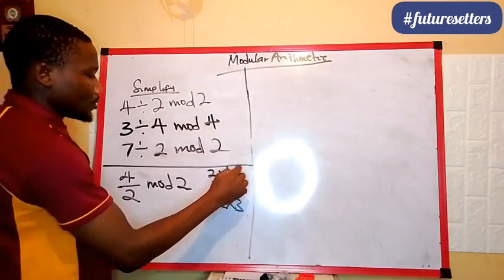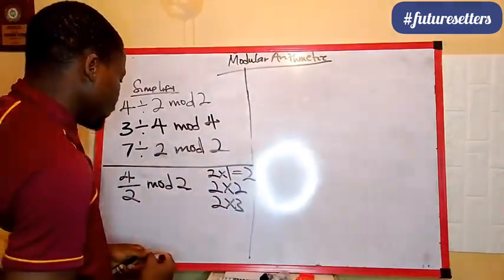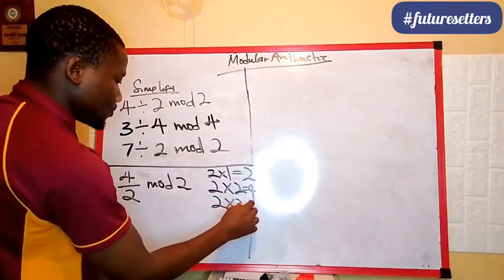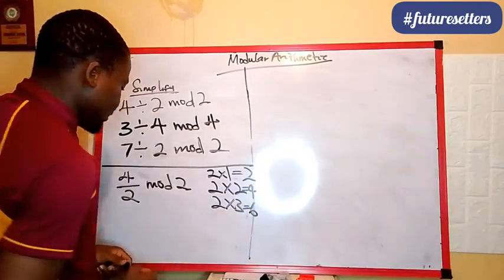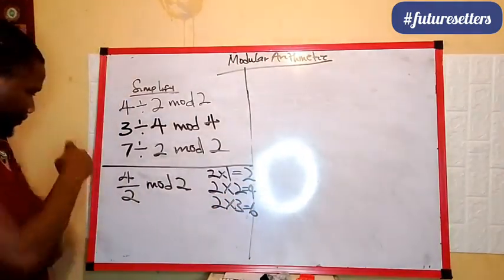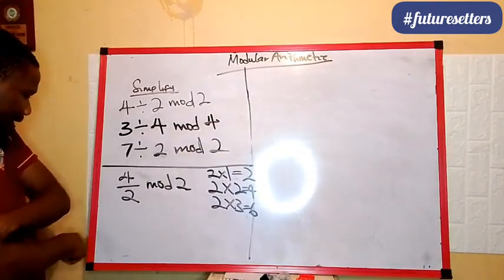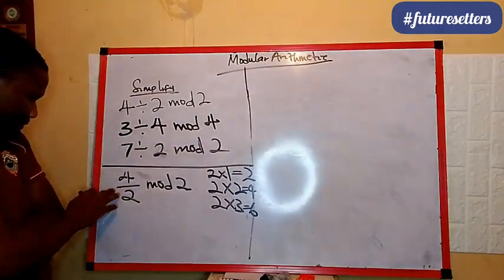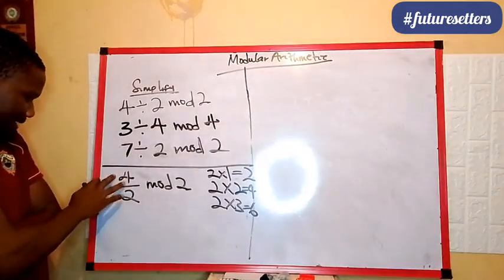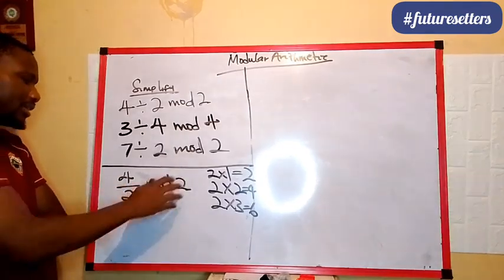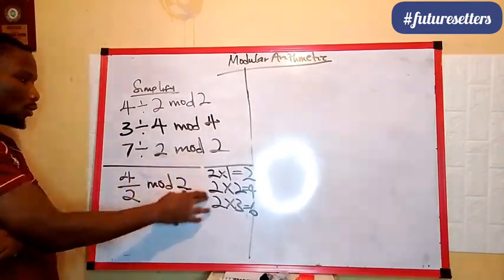So 2 times 1 is 2, 2 times 2 is 4, 2 times 3 is 6. From what we have here, we already have 4 divided by 2, so we may not really need to write all this.